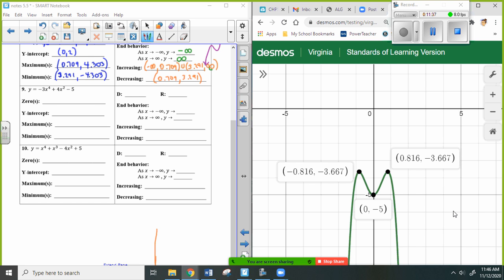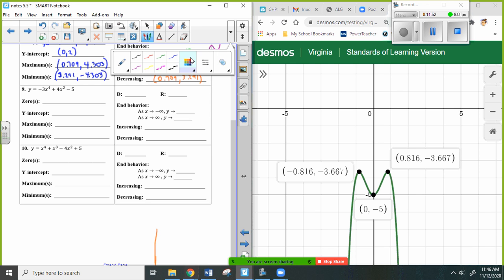So I've got this M shape, but I do not see any x-intercepts, any zeros. It does not cross the x-axis, okay? So over here on the zeros line, I'm going to write none. Okay, it just doesn't cross the x-axis, and that's okay.